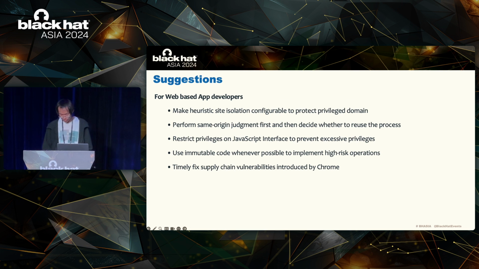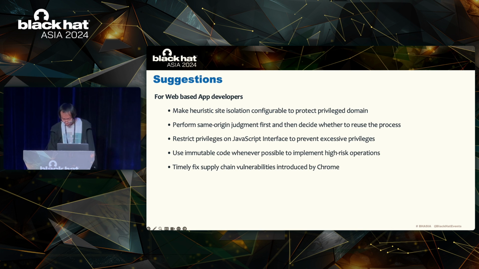That's all for the demos. Here are our suggestions for app developers. First, make site isolation configurable to protect a privileged domain. Then perform a same-origin judgment first and then decide whether to reuse the process.